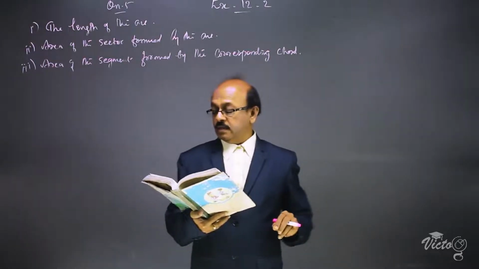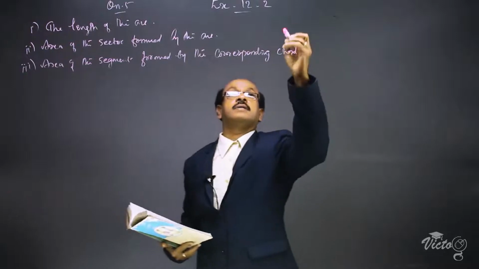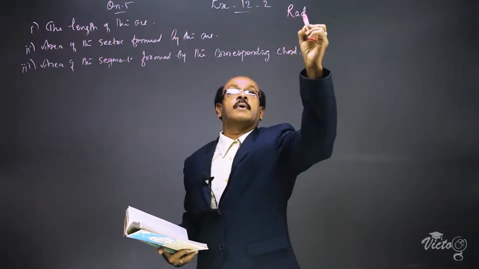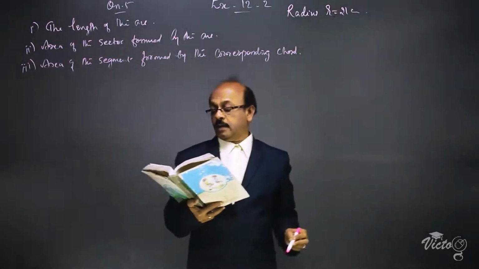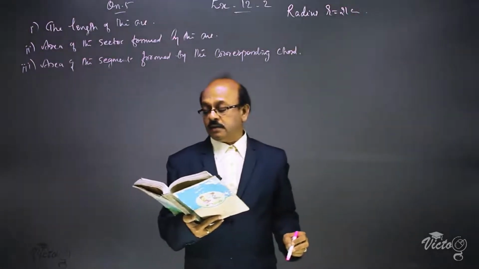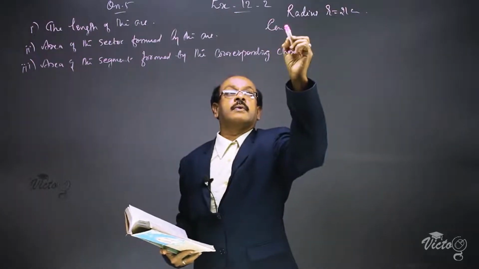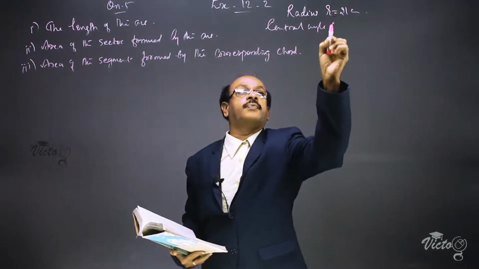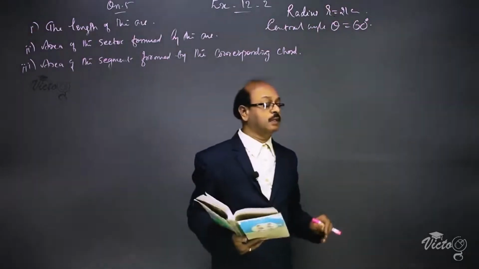In a circle of radius 21 centimeter, here radius r is equal to 21 centimeter, and it subtends an angle of 60 degree at the center. Central angle theta is equal to 60 degree. These are the given things in the question.